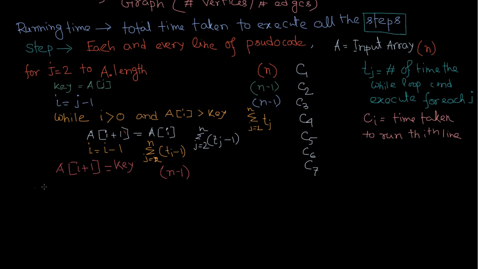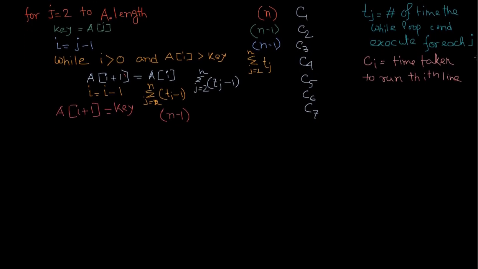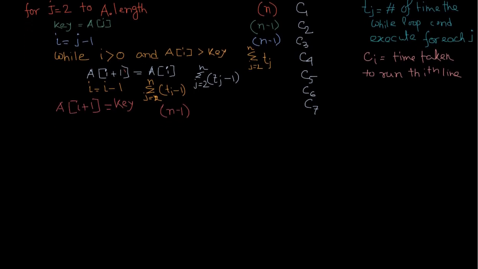So now we can define the total time. I'll denote this as T, as it will be a function of n, because we are dealing with an input of size n.